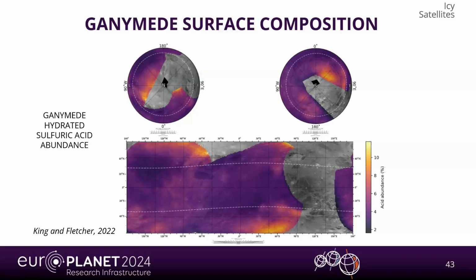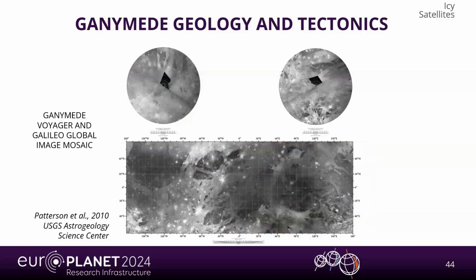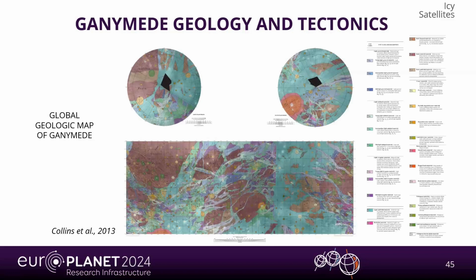And such estimates also show differences among the main terrains, and therefore we come back to the base map and the global mosaic of Voyager and Galileo, which has been used as base map for the production of a global geologic map that subdivided the terrains into units according to their albedo, crater density, and structural features.